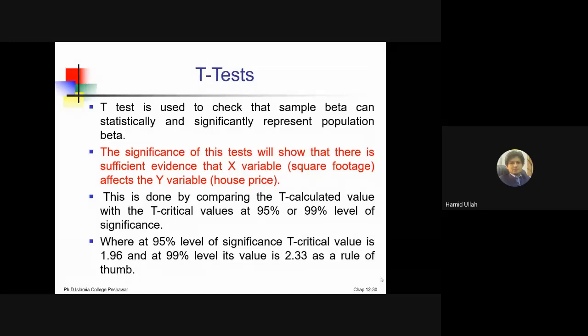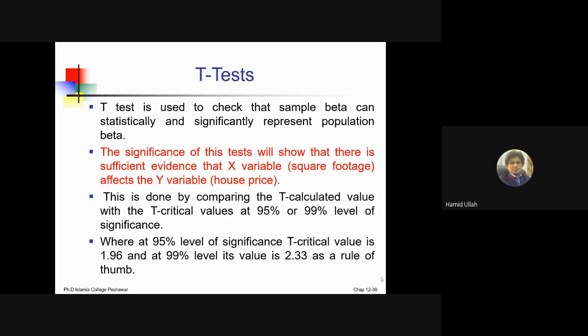Then again collect data, compute beta and perform the t-test to see whether truly the y variable is affected by x or not. So the reality or truthfulness of the effect of x on y can be checked with the t-test.